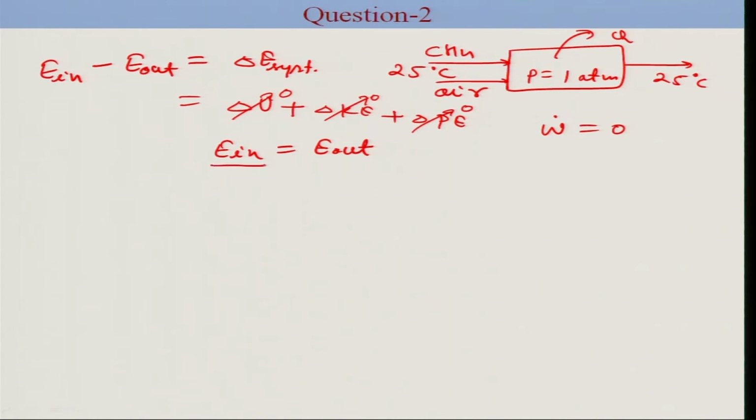So, the total heat coming into the chamber is the heat of the reactant.